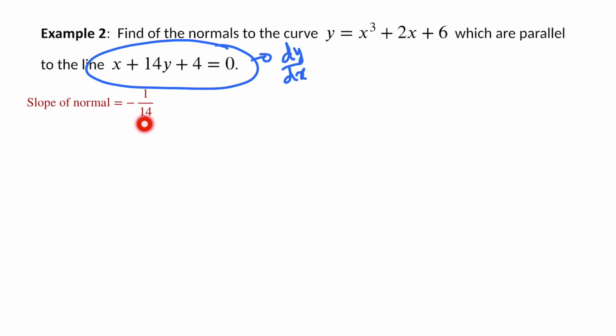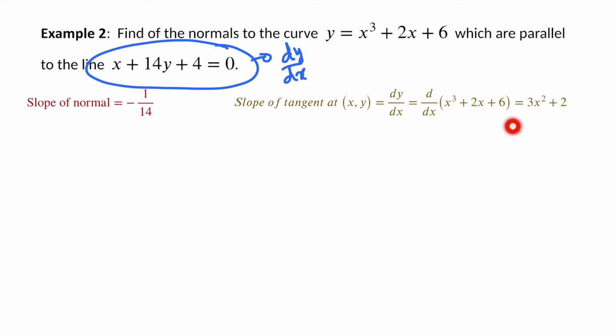So the normals have the same slope that's given to us, and we know that the slope of the normal is minus 1 by the slope of the tangent. So we will also derive the slope of the normal from this equation of the curve. For that, first let us get the slope of the tangent at a generic point x, y, and that's dy by dx.